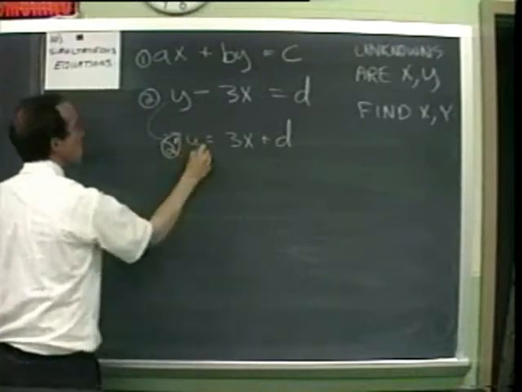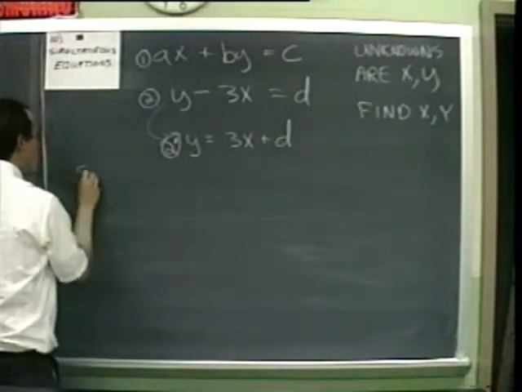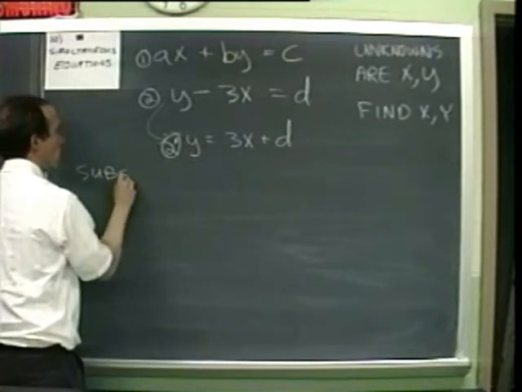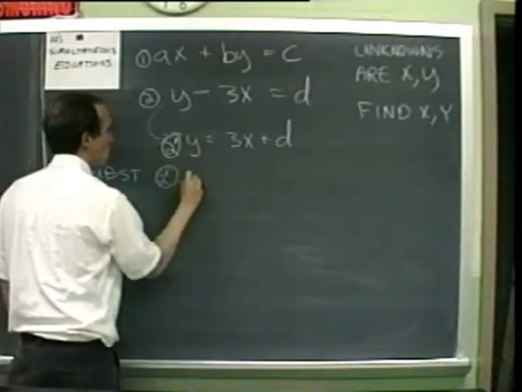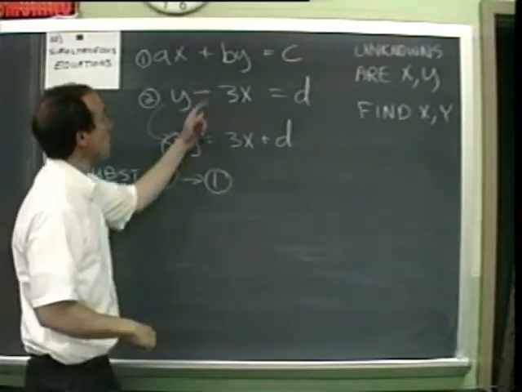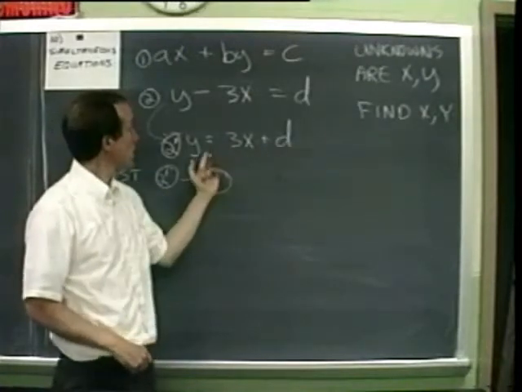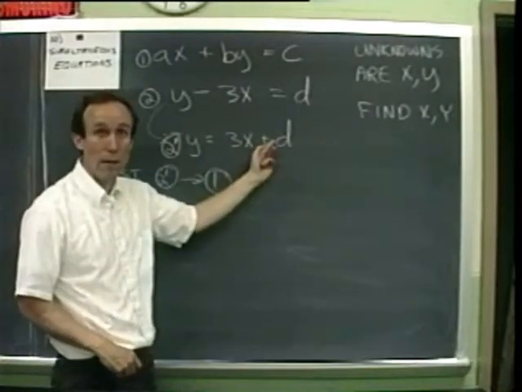If I substitute my expression for y into equation 1, then I'll get an equation. If I replace this y everywhere I see it with 3x plus d, as I said, 3x plus d is equal to y.